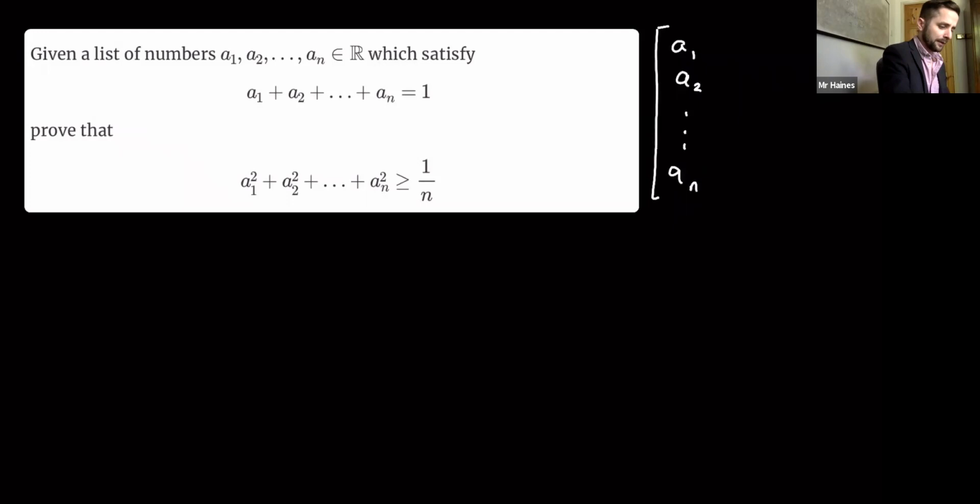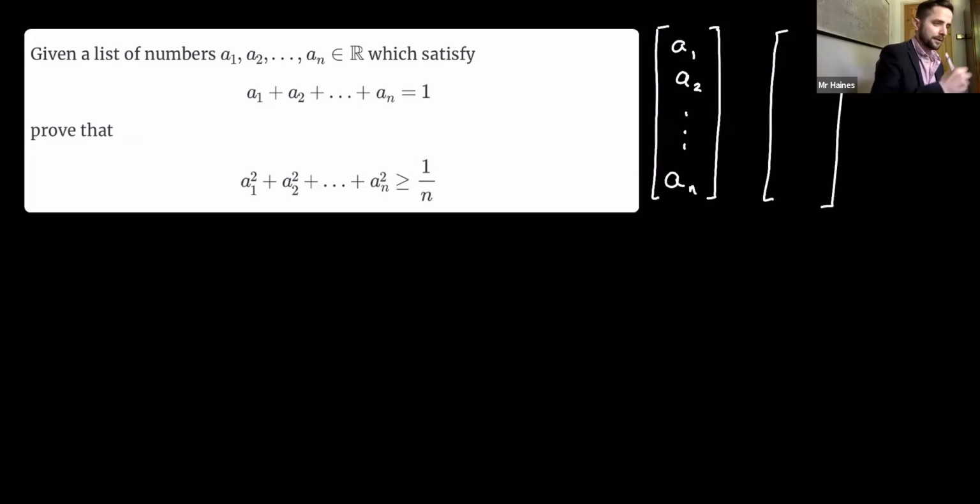If we have one list with the numbers A1 to AN in there, that's the weirdest AN I've ever drawn in my life. There we go. Then the other vector in our Cauchy-Schwarz should be filled with 1s.